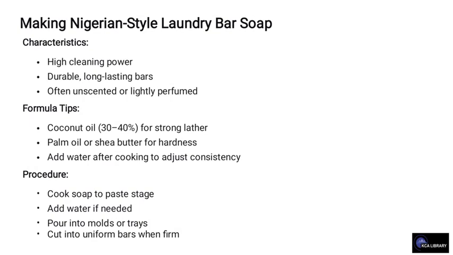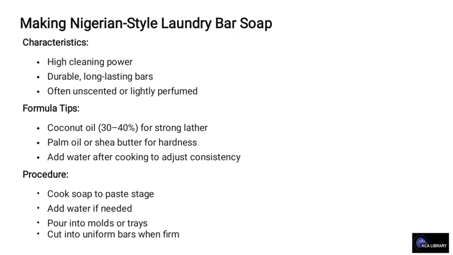Now, how do you make Nigerian style laundry bar soap? Nigerian style laundry bar soap is characterized by high cleaning power, durable and long-lasting bars, often unscented or lightly perfumed. The formula is that you use coconut oil, about 30 to 40% for stronger lather, then palm oil or shea butter for hardness, and you add water after cooking to adjust consistency.